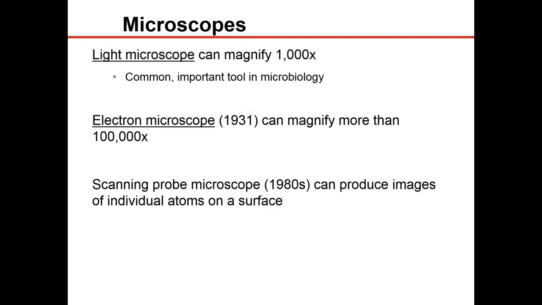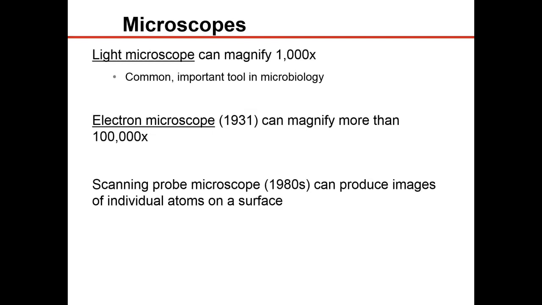Light microscopes, which are the most common ones, can magnify items up to 1,000 times their actual size. And this is what we use in our labs. Electron microscopes can magnify up to 100,000 times or more, and they were invented in the 1930s.